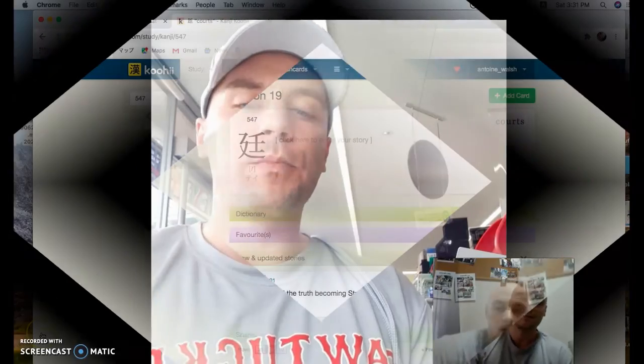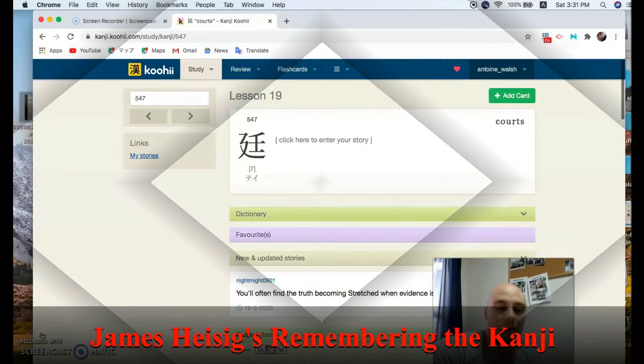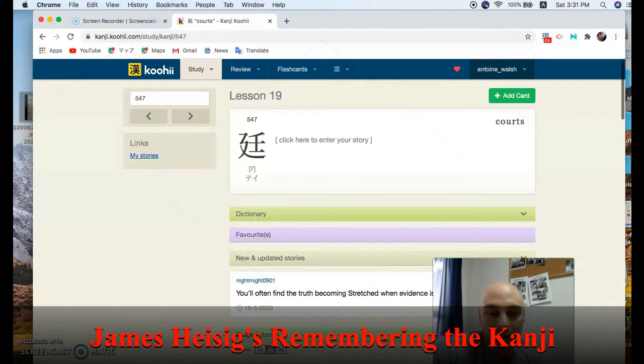So yeah. All right, so I'm going to explain how this mnemonic system I'm talking about works. This was originally just a book, and the idea was that you would write your own stories.